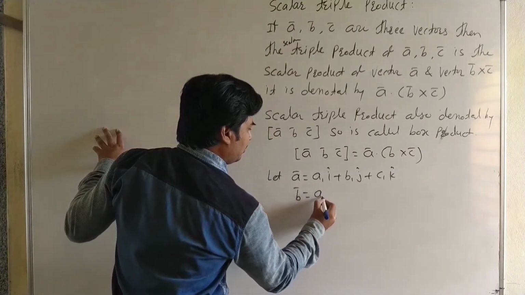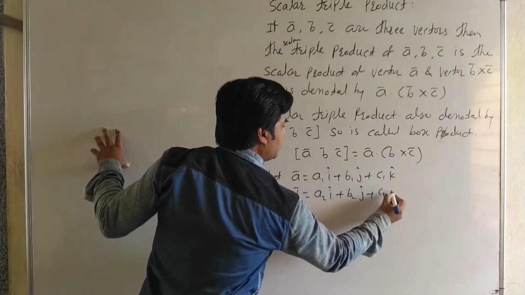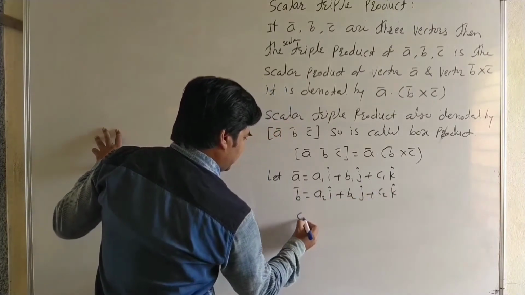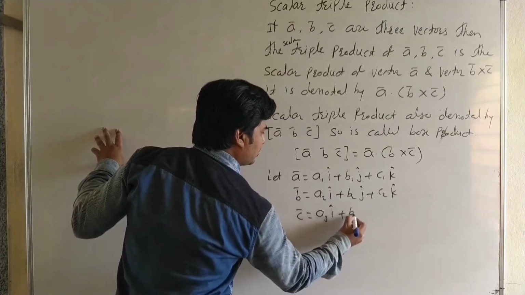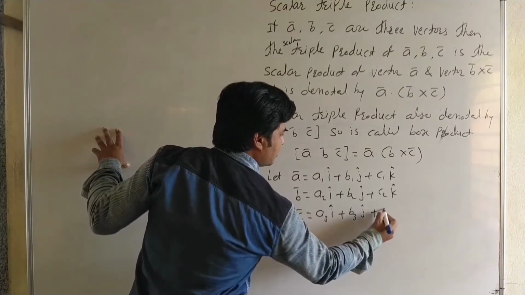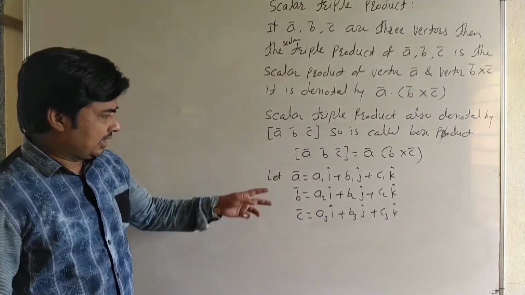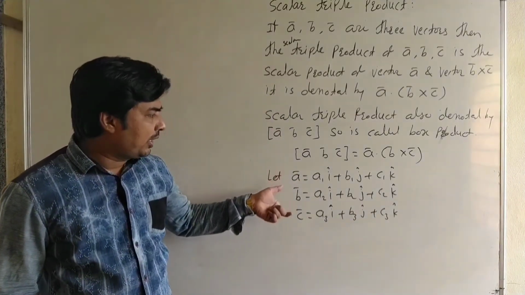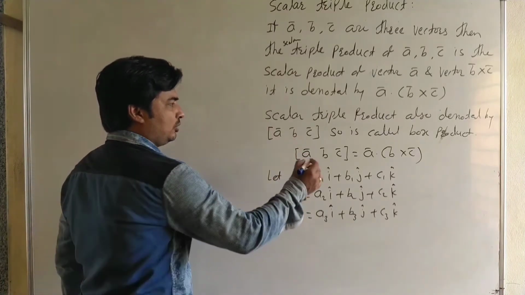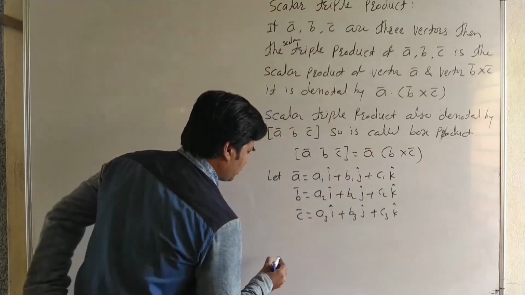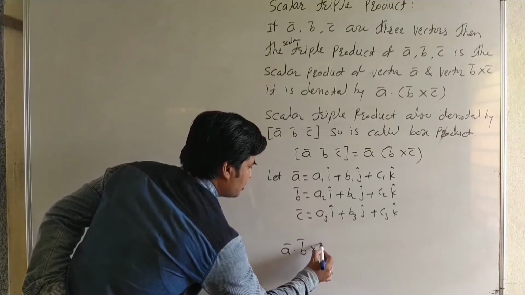B bar is equal to A2 i cap plus B2 j cap plus C2 k cap and C bar is equal to A3 i cap plus B3 j cap plus C3 k cap. See carefully. These are the three vectors. We can find the scalar triple product of three vectors. The notation of the scalar triple product we can write as box product or cross product form. It is A bar dot B bar cross C bar.